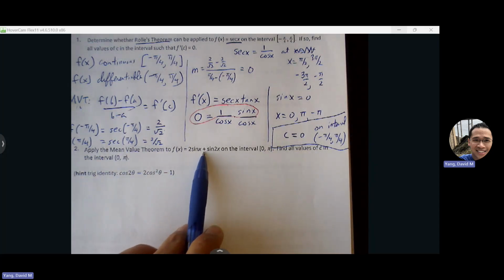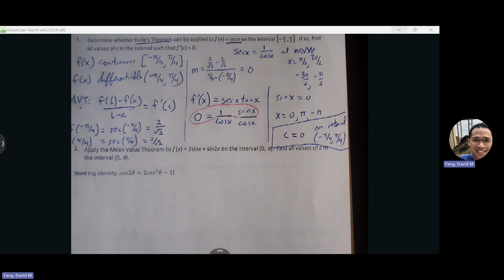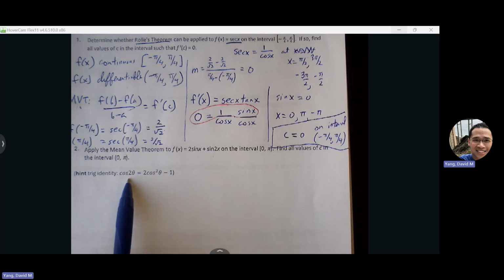Our conditions are easily met because our sine graph has no asymptotes, so it'll be smooth all the way through, continuous and differentiable. There is a need for trig identity when we get to our derivative. So if there's any trig identity that's needed on the test, I'll give it to you. So you don't have to worry about memorizing it.